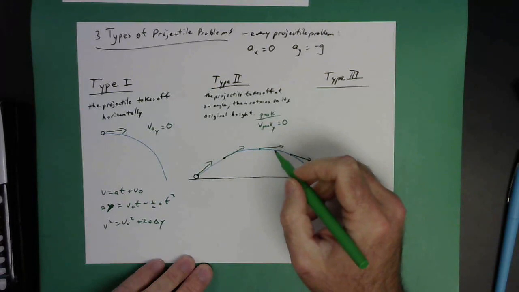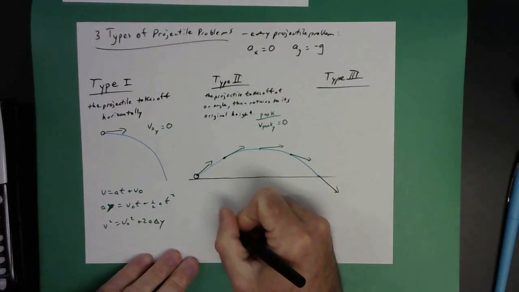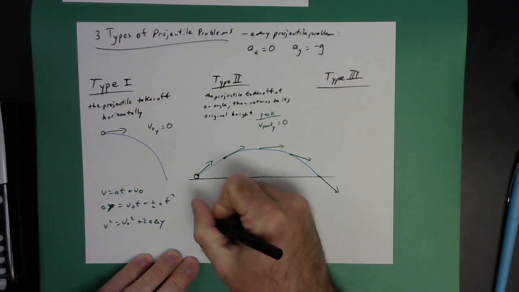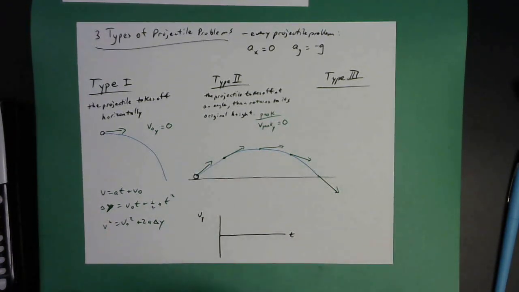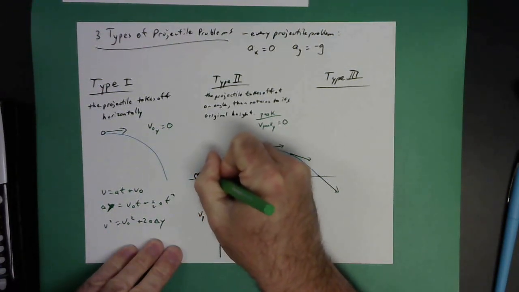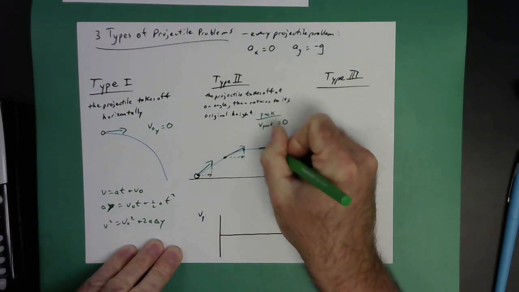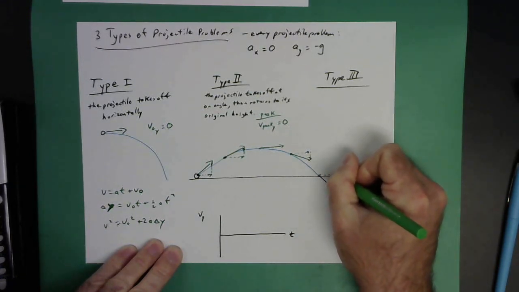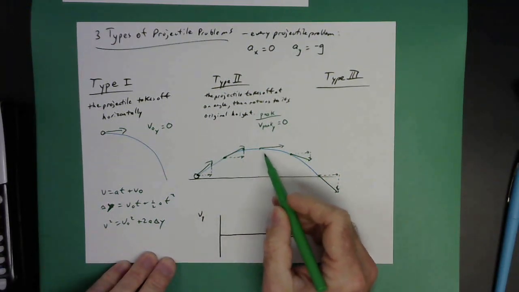But there's other things we know about the peak. If we take a look at a graph of the vertical velocity versus time, doesn't this thing start off going upward really quickly? If I split this up into horizontal and vertical components, the horizontal speed stays the same all the way through.